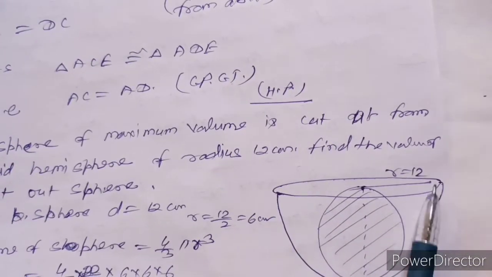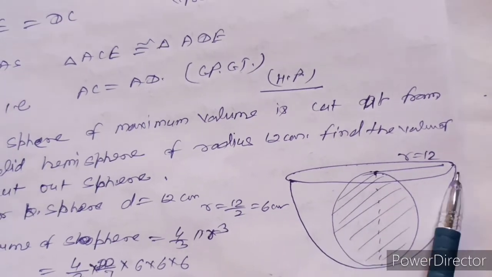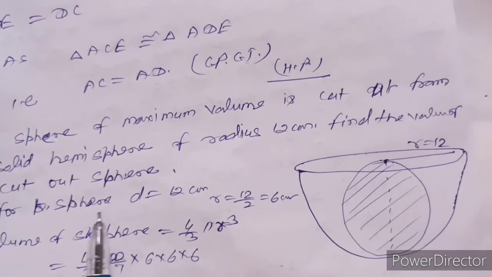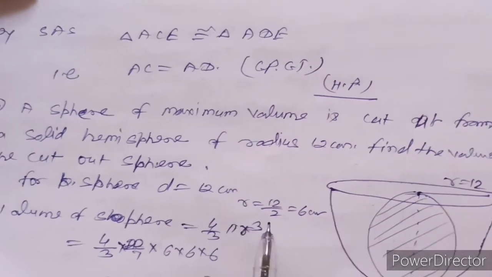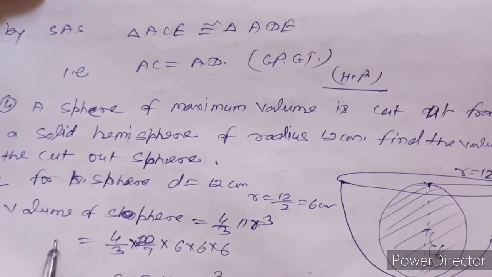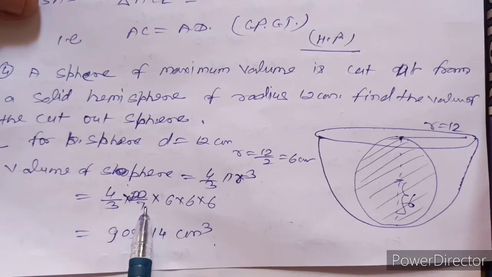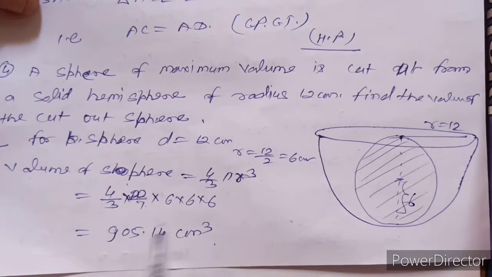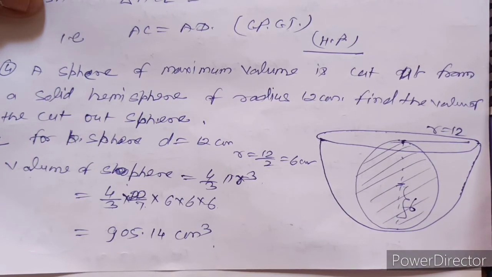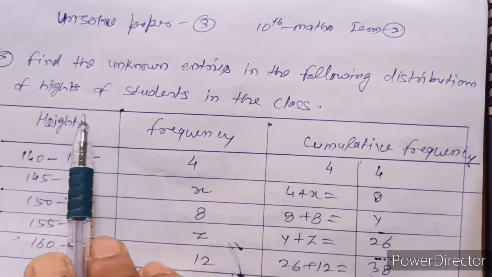You have a hemisphere this big. The biggest sphere that can be cut from this hemisphere is this big. The radius of the hemisphere is 12, and this will be the diameter of the sphere. So the diameter of the sphere equals 12 and the radius equals 12 by 2, which is 6. Then the volume of a sphere is 4/3 pi r cubed. Pi is 22/7 and r is 6 into 6 into 6. After solving it, you get the answer 905.14 cubic centimeters.